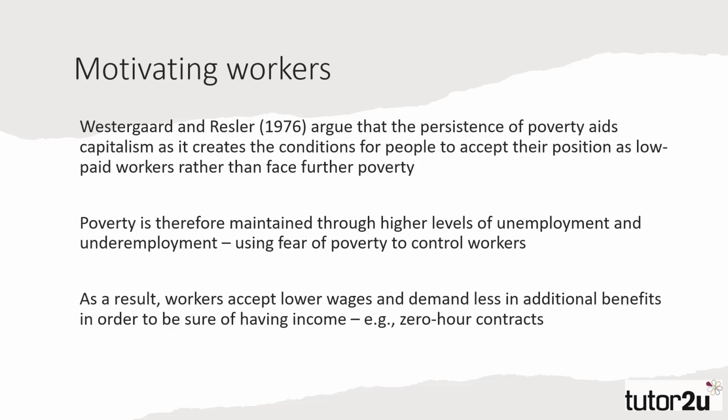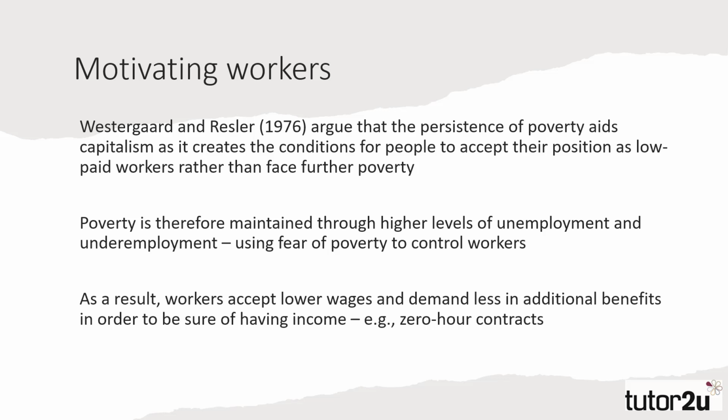With high levels of unemployment or underemployment, that is where workers are willing but not able to secure enough hours to meet their needs, this creates the fear that individuals could be replaced, and so they do not challenge the ruling class. Workers, therefore, will accept lower wages and demand less in additional benefits, so that they can secure some income, even though it may not be enough to meet their needs.